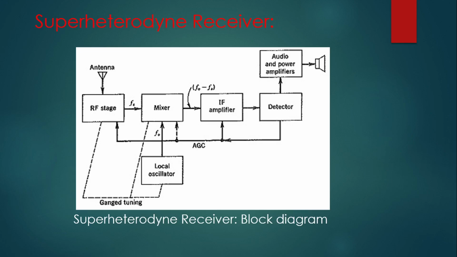We have already studied TRF receiver, and if we compare this block diagram of super heterodyne receiver with the block diagram of TRF receiver, we find that there are three new blocks added in the super heterodyne receiver. Those are mixer, IF amplifier and local oscillator.